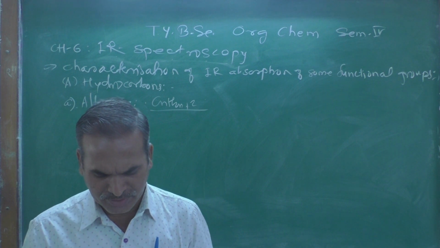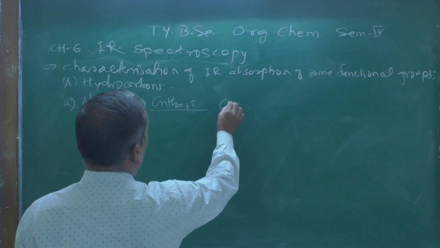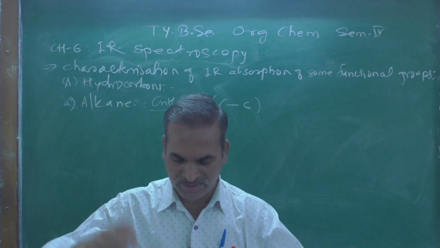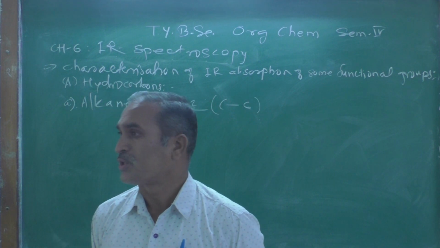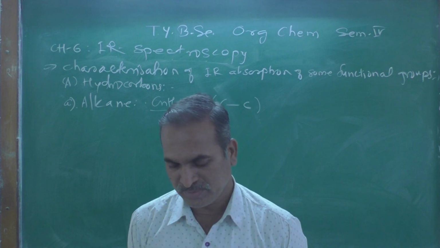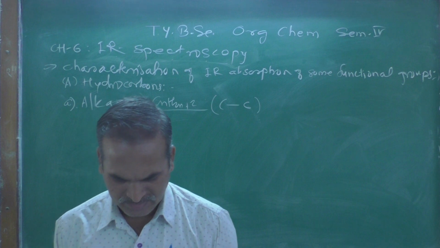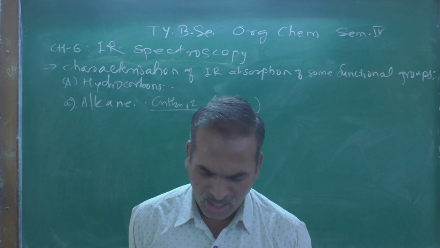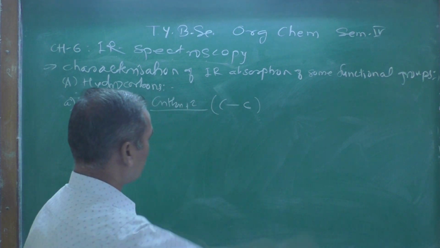Now in an alkane, a carbon-carbon single bond is present, and therefore if you talk about functional groups, there is no functional group present in an alkane. The absorption band due to stretching of carbon-carbon single bond is very weak.